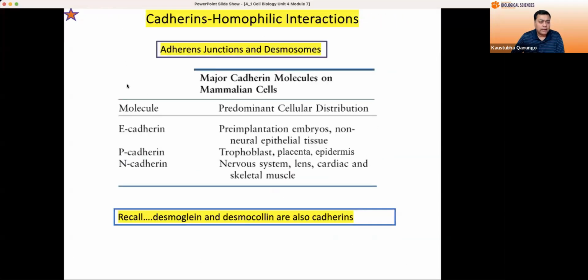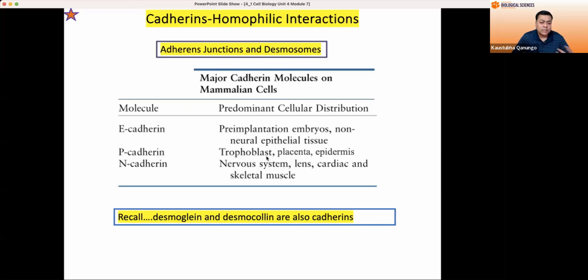We are looking at the cadherins first and how the different ones, and we find them in the adherens junction and the desmosomes. And the cadherins are E-cadherins. The word is epithelial cadherin, found in pre-implantation embryos and non-neural epithelial tissue, and from this epithelia, we call this E-cadherin. The P-cadherin name is from the placental cadherin.